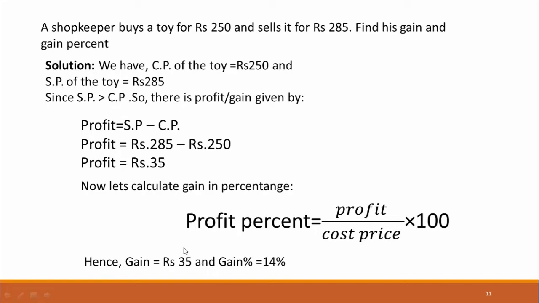The profit is 35, and the profit percent is 14%. Putting the profit 35 and the cost price 250, 35 divided by 250 whole multiplied by 100, we obtain 14%.